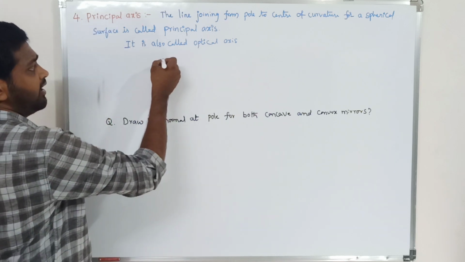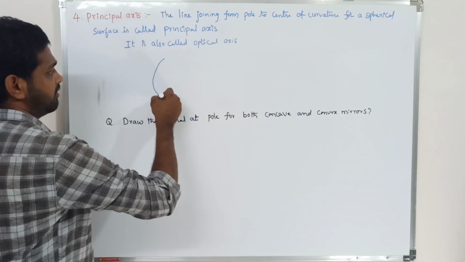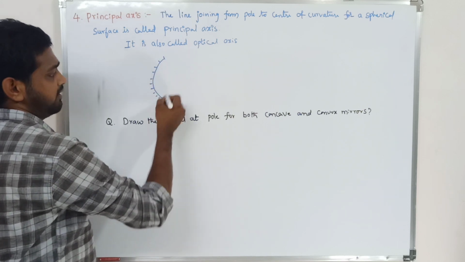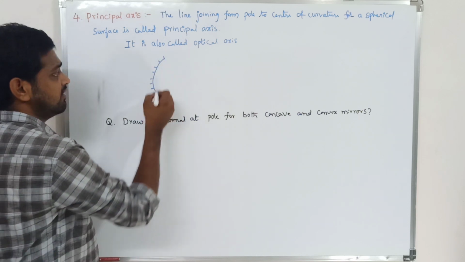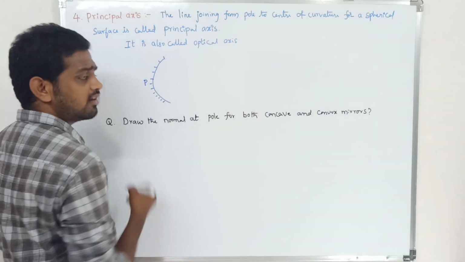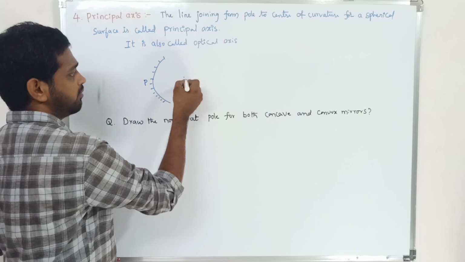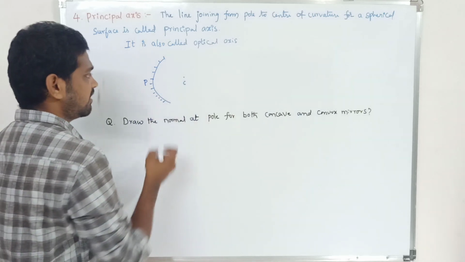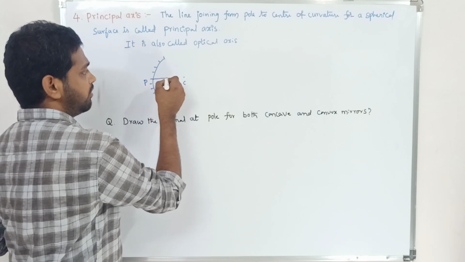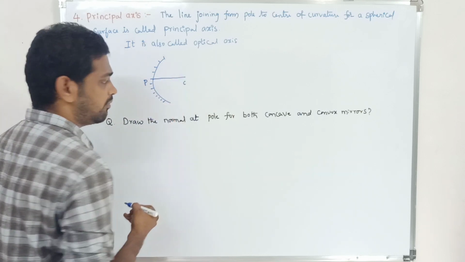If you have taken a concave mirror, it consists of a reflecting surface that is inverted. So this is the point P, and the point at which all the normals converge is the center of curvature, represented by C. The line joining the pole to the center of curvature is called the principal axis.